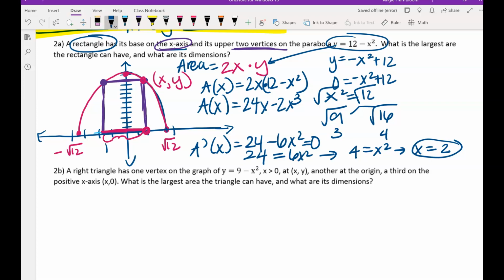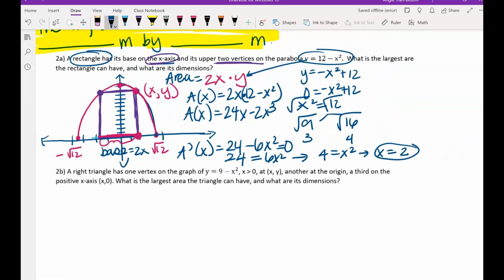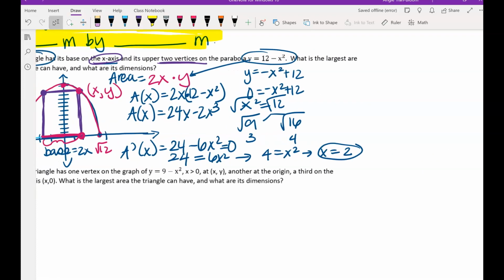But remember, this base is 2x. So right now, we have a base. I'm going to move over really quickly. So your base right now is 2x, which is 4 units, okay? Now your height, I'm going to plug in 12 minus 2 squared.